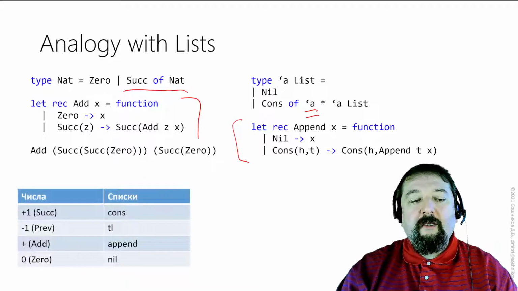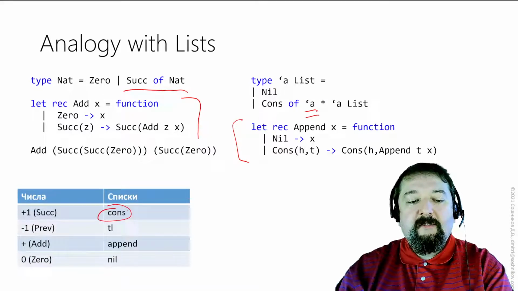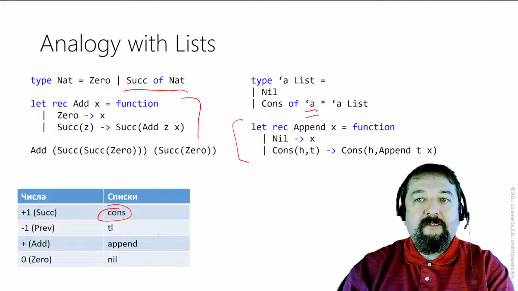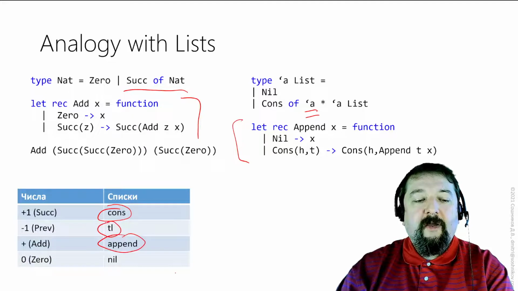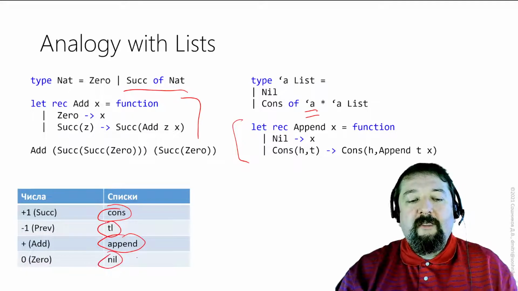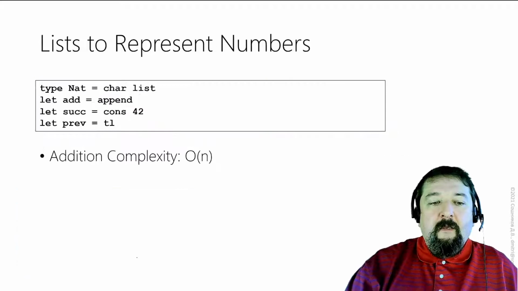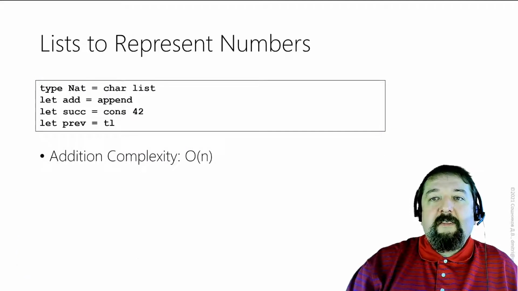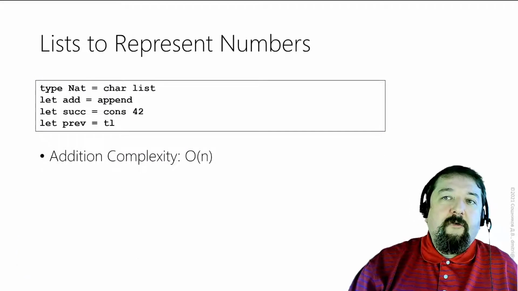And in fact, what we can do, we can say that adding 1 is the same as the list constructor, constructing some arbitrary element to the list. Minus 1 corresponds to tail of the list, addition corresponds to append, and 0 corresponds to empty list. In fact, that gives us the idea that we can use lists to represent numbers.